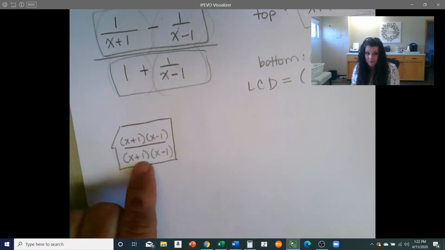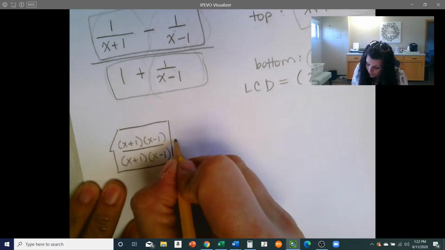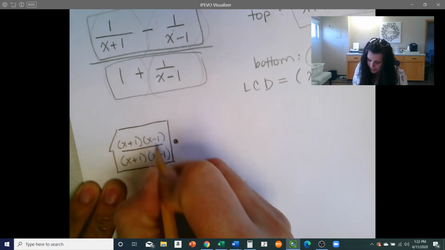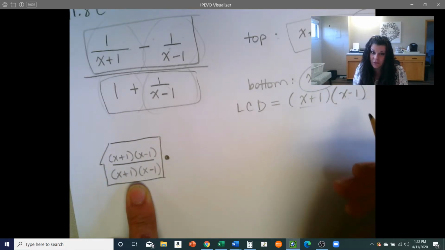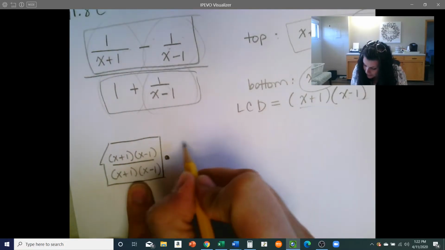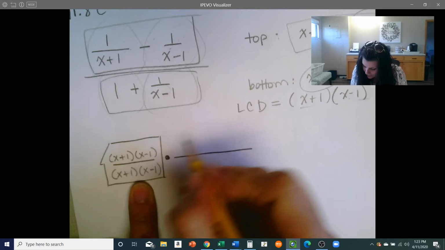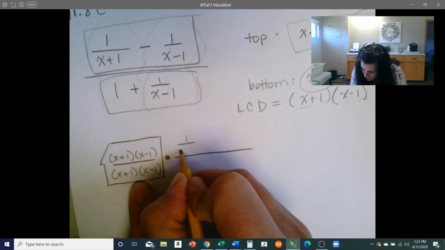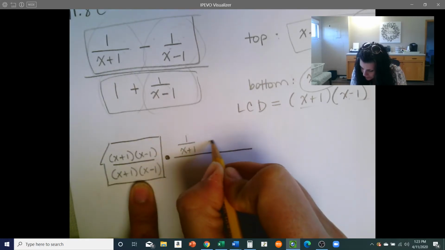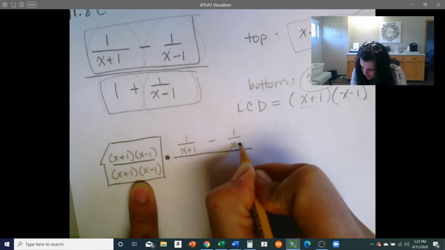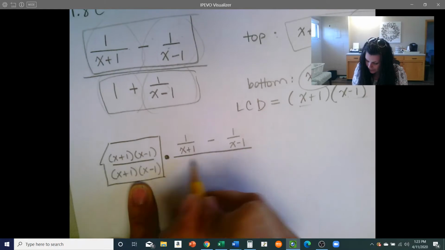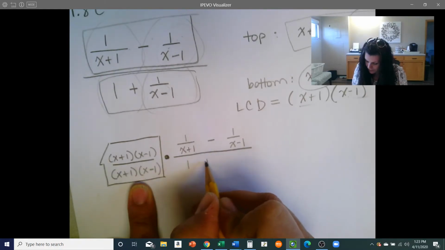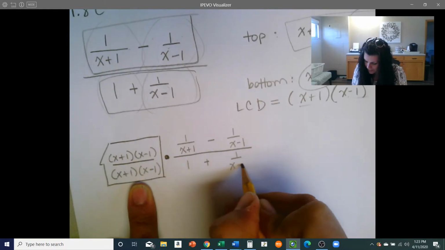Leave it like it is. Okay? All right. And I'm going to multiply my fancy 1 using my least common denominators to make it by this. So I'm going to look at the top first. I have 1 over x plus 1 minus 1 over x minus 1. And in the bottom, I have 1 plus 1 over x minus 1.